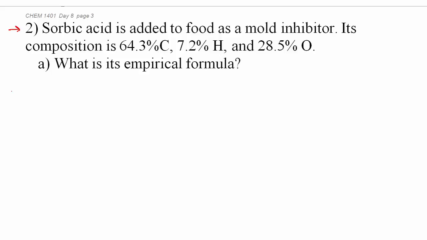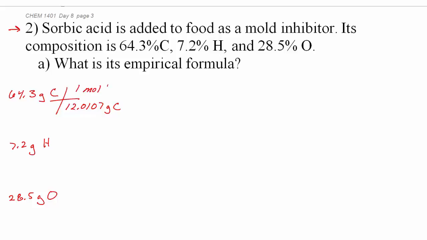So I'm first going to write these down and just convert those percents to grams. So I have 64.3 grams of carbon. I'll have 7.2 grams of hydrogen. I'll have 28.5 grams of oxygen. And just convert each of those to moles. Carbon, 12.017 grams of carbon in a mole of carbon.